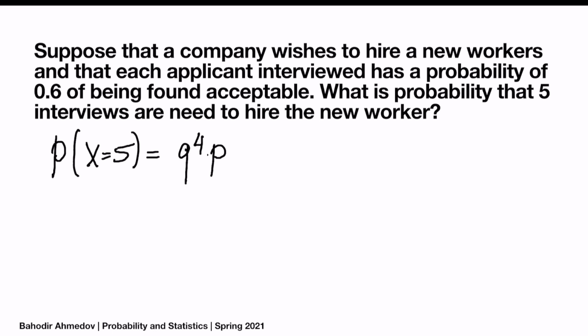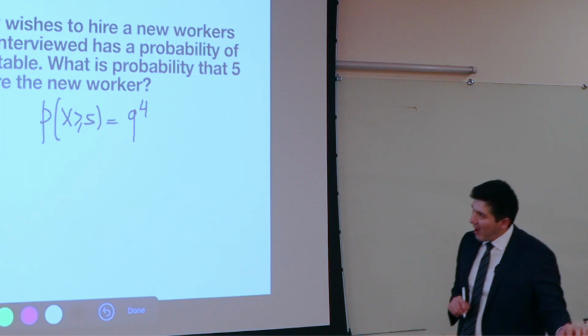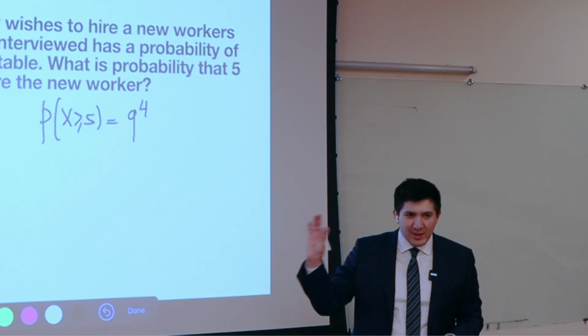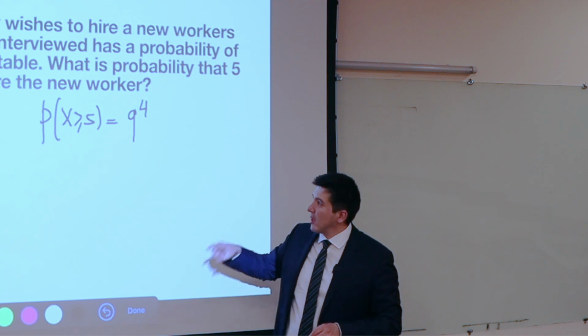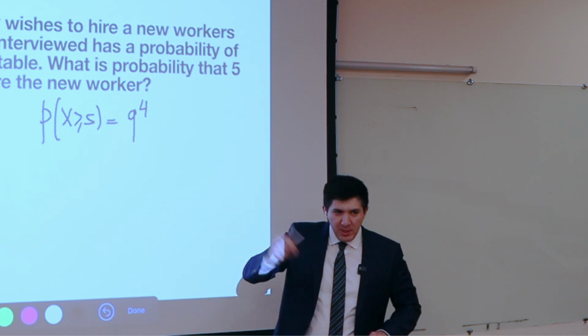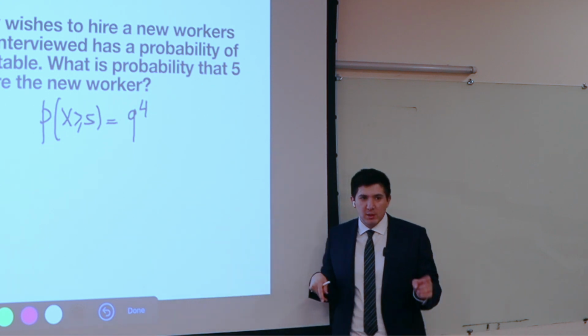Okay, and the probability that a company needs at least 5 interviews is going to be simply q to the power of 4. Which is clear, because the probability that a company needs at least 5 is going to be higher than exactly 5, right? Because p is a number between 0 and 1, so multiplying q to the power of 4 by p makes it smaller, okay?